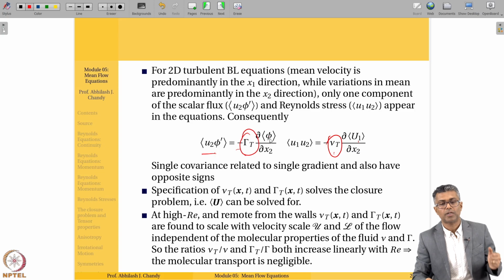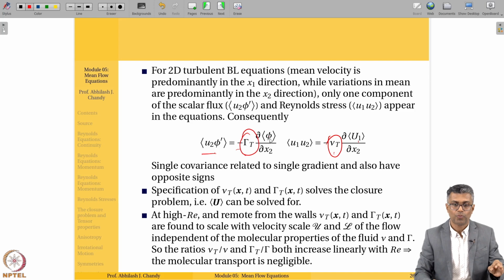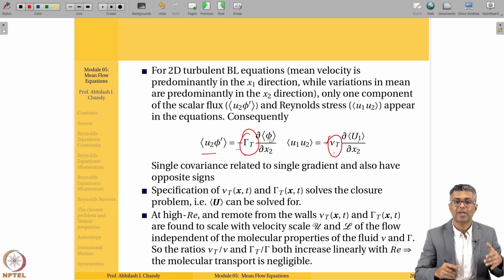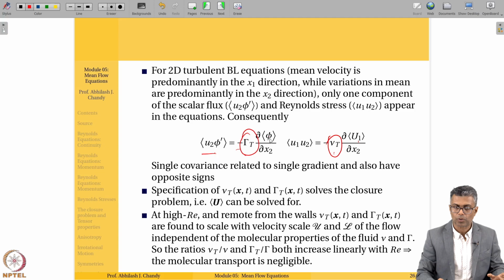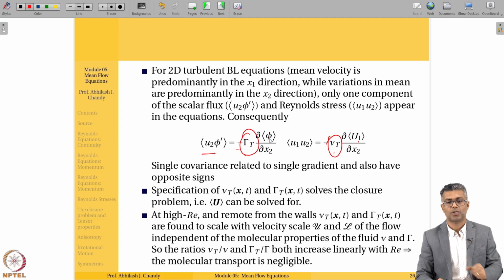So the only unknowns are gamma t and nu t. This is where the turbulence model comes in. Every turbulence model has a different way of specifying how you calculate nu t and gamma t. Once you derive that, then you can solve for this.